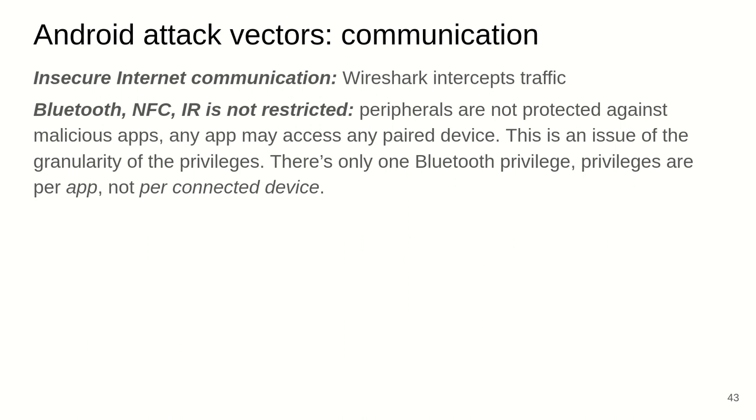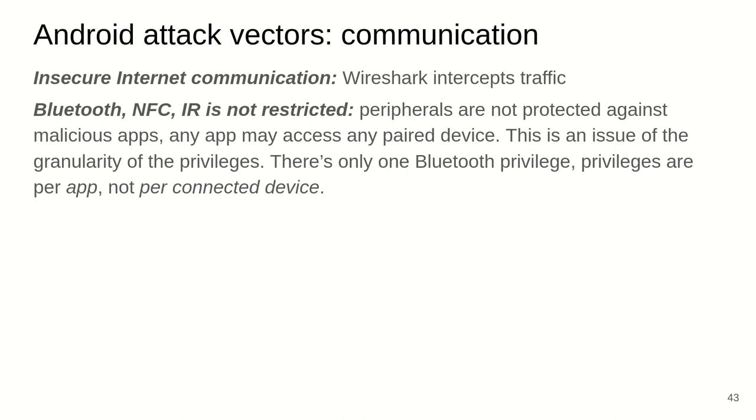Another attack vector is communication. So there's insecure internet communication, with Wireshark intercepting traffic, but also Bluetooth, NFC, and infrared are not restricted. So the peripherals are not protected against malicious apps, as any app may access any paired device.